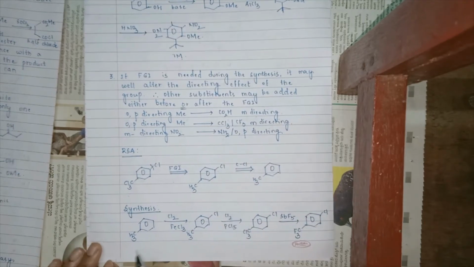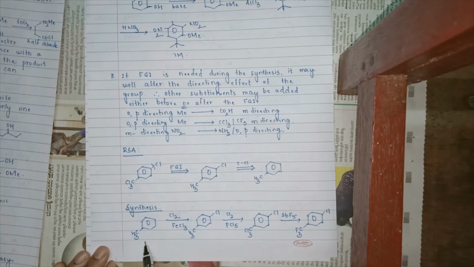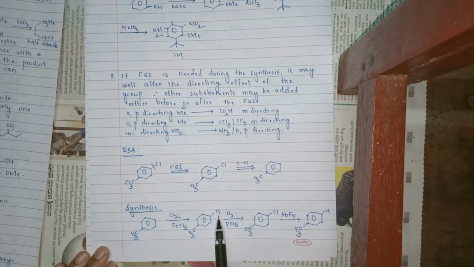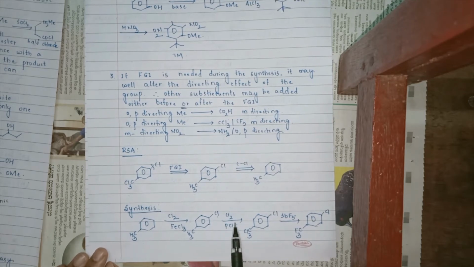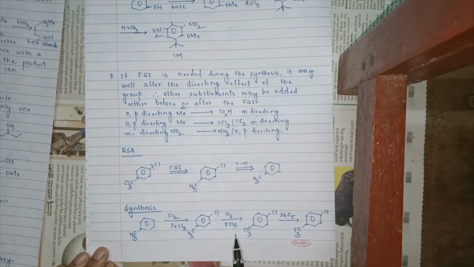In the synthesis, the toluene system reacts with Cl2 in the presence of FeCl3. A chlorine is introduced at the para position. Later, when I react it with Cl2 in the presence of PCl5, I can easily introduce CCl3 in place of these 3 protons.